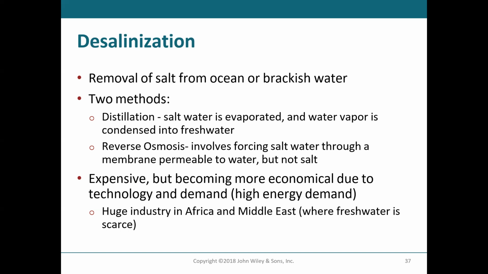It is very common in the Middle East and Africa, but it's so expensive and it requires high energy, which then goes back to renewable versus non-renewable.